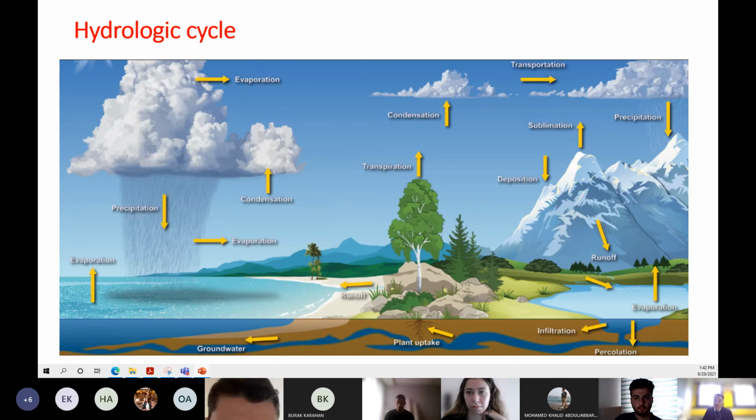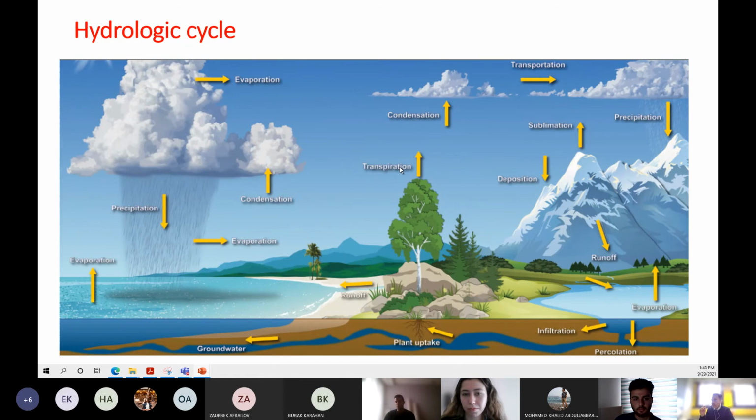We have also transpiration. A biotic system also has water. Trees, humans, animals have water in their bodies, and we also evaporate some water from our bodies, animals or plants. The evaporation process from plants is called transpiration, as you see here.